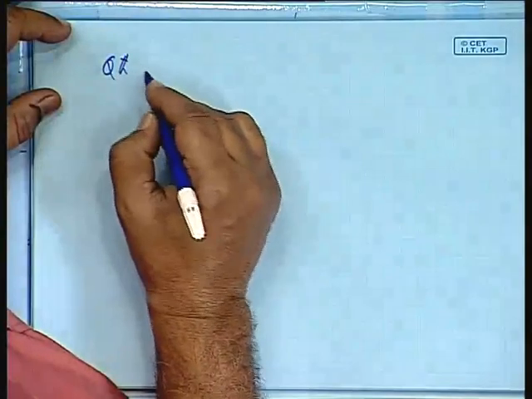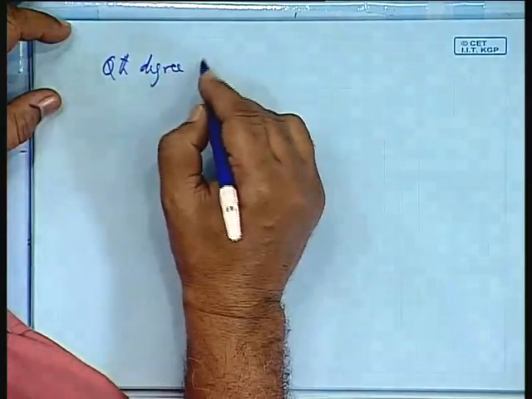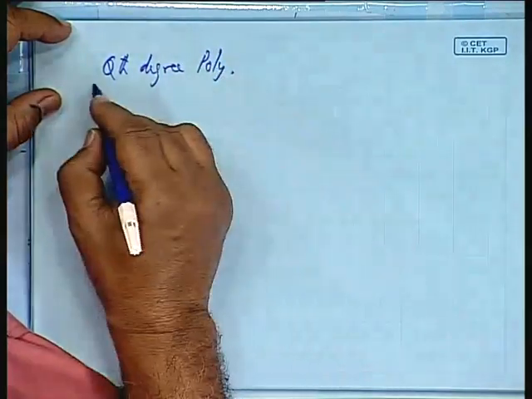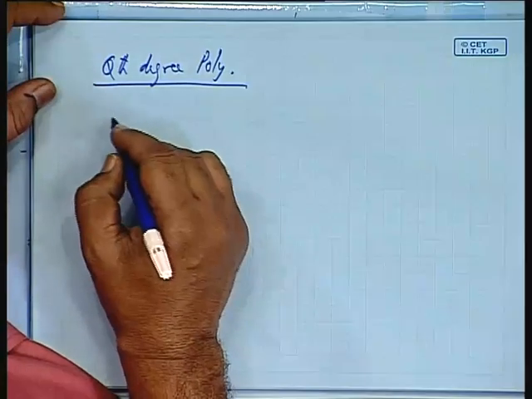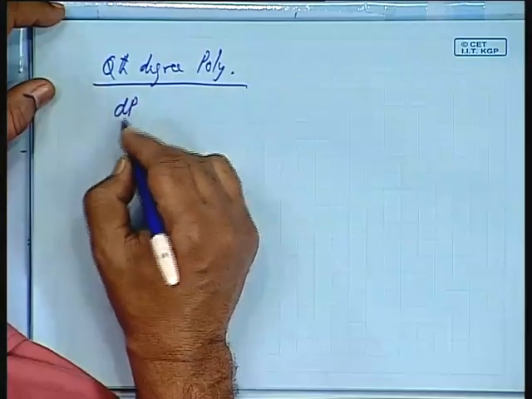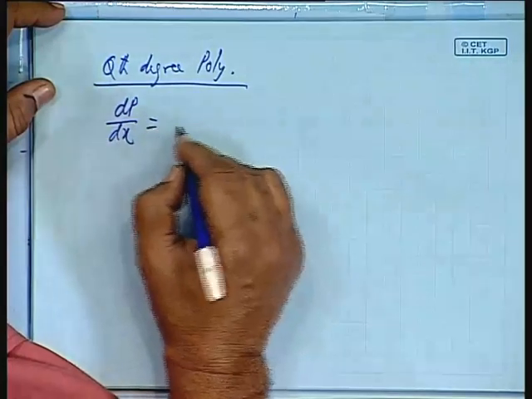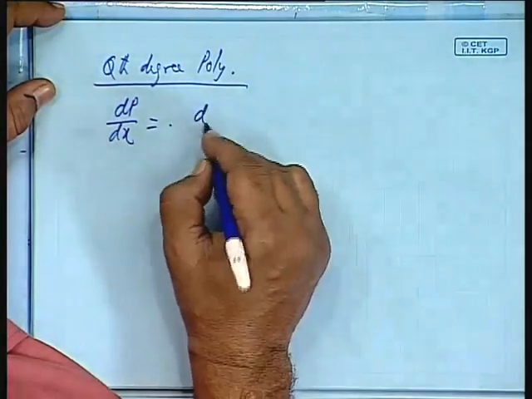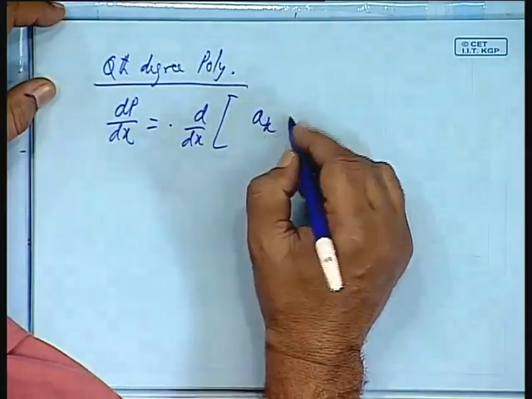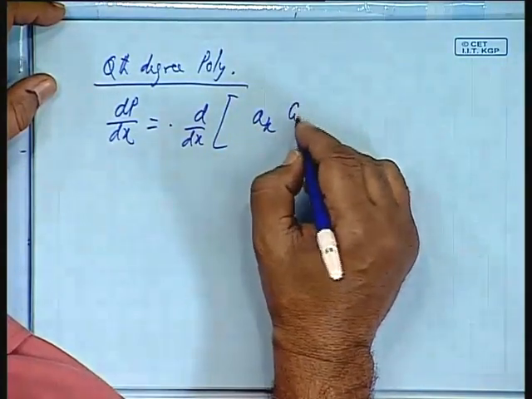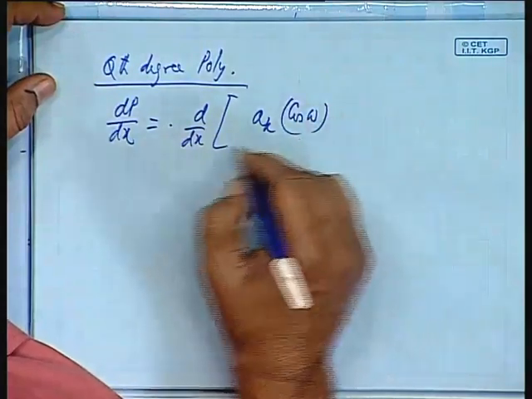Now, for a qth degree polynomial, you are having dp by dx equal to cos omega.